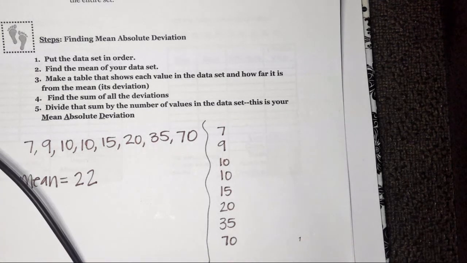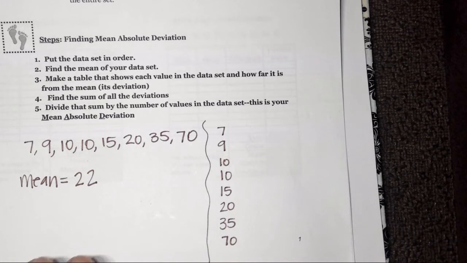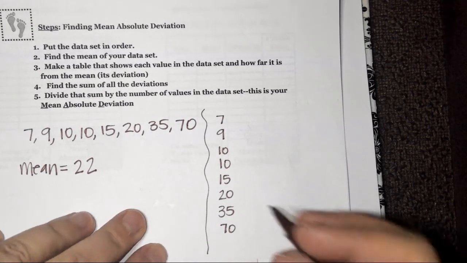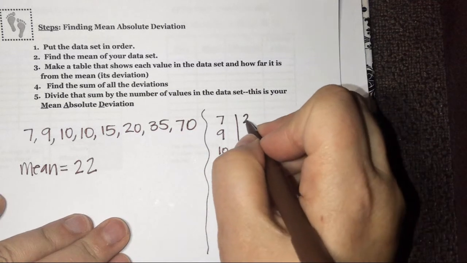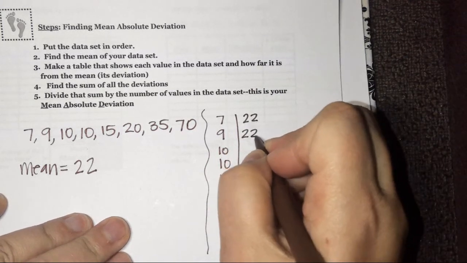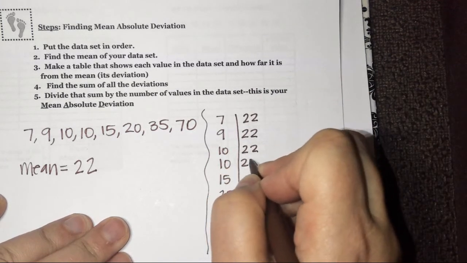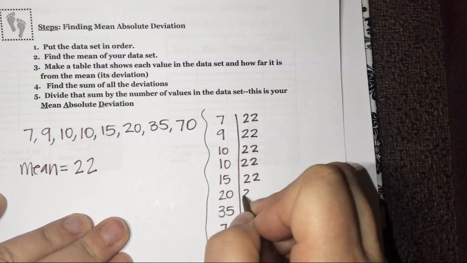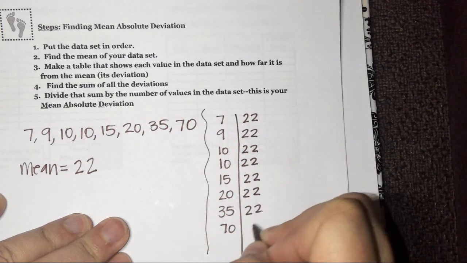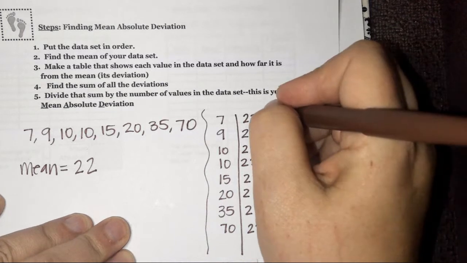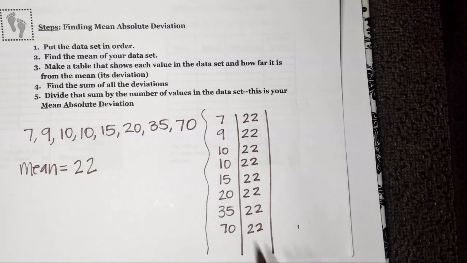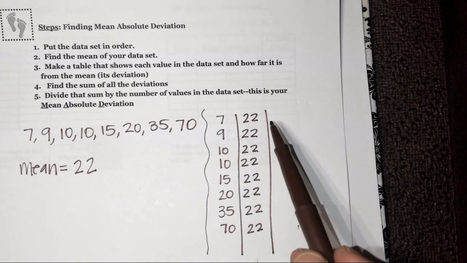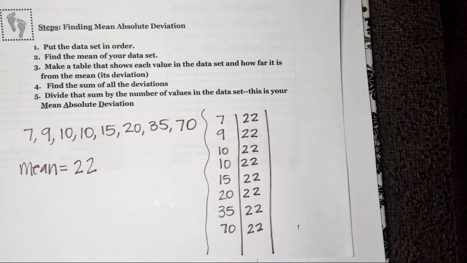The next thing I want to put in there is my mean, which is 22. I'm going to go ahead and write that next to each number. I've got my set of data, and then I just wrote my mean next to every number, and I'll tell you why in just a second. I'm going to give everybody a chance to catch up.